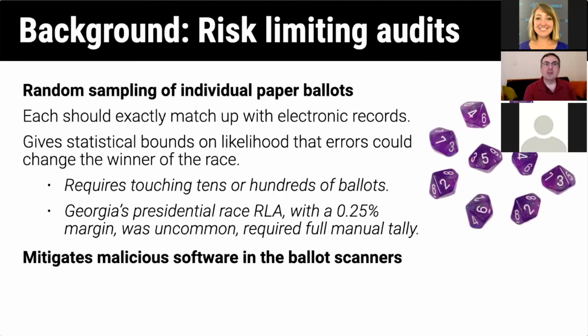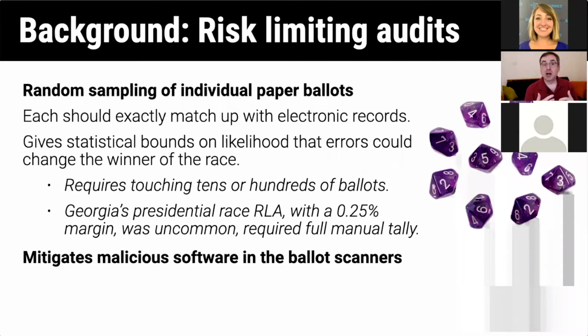So as a little bit of background, I want to introduce a concept called a risk-limiting audit. This is a random sampling process that you use when you have a universe of paper ballots that were scanned by a machine, and then you have electronic copies in the machine, and you tabulate the electronic copies, but you want to make sure that there wasn't some kind of error.